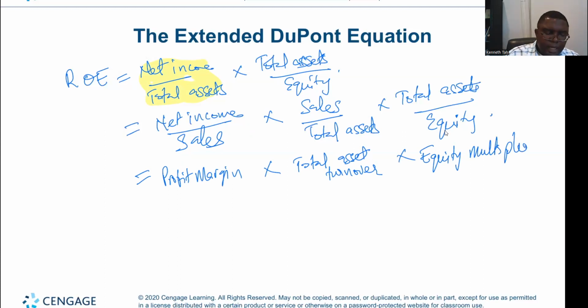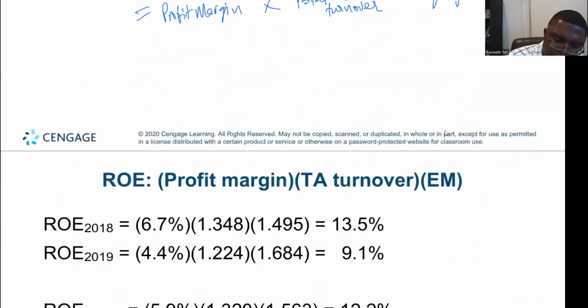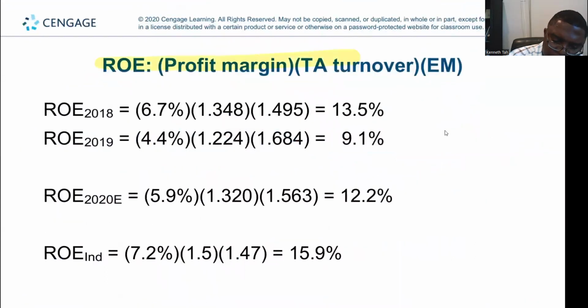All right, so that is the extended version of the DuPont analysis. The extended version is that return on equity is equivalent to profit margin times total asset turnover times equity multiplier. If we use that, we can go to Winnie that we calculated.